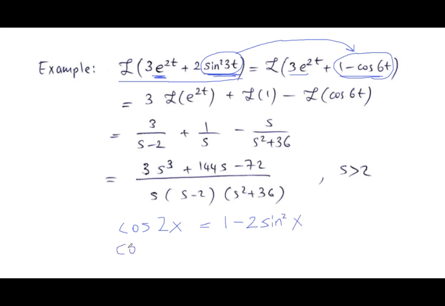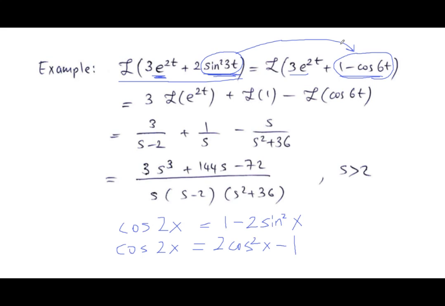Or you can represent cosine 2x as 2 times cosine square x minus 1. So these are the trigonometric properties we might remember from our trigonometry courses, etc. So we just do a substitution to simplify this with an easier expression.